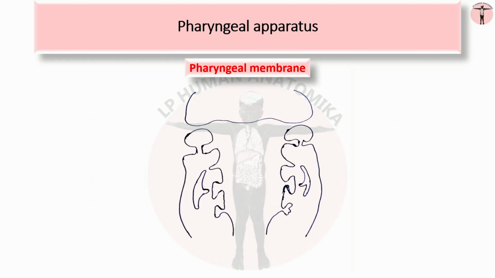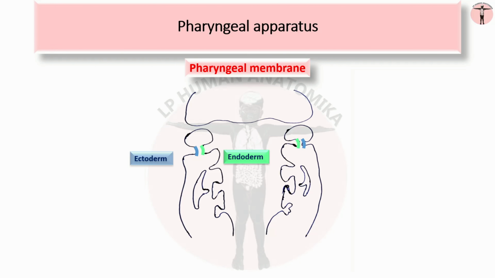Now coming to the last component of the pharyngeal apparatus, that is the pharyngeal membrane. These membranes form where the epithelium of a groove, that is the ectoderm, comes in contact with the epithelium of a pouch, that is the endoderm. The pharyngeal membranes are formed in the floors of the pharyngeal grooves during the 4th week.